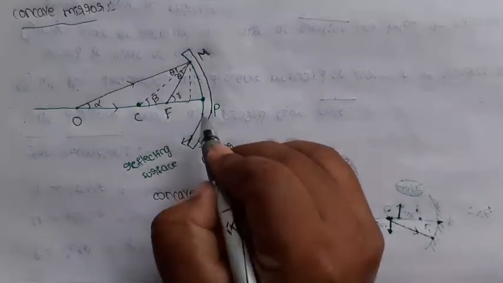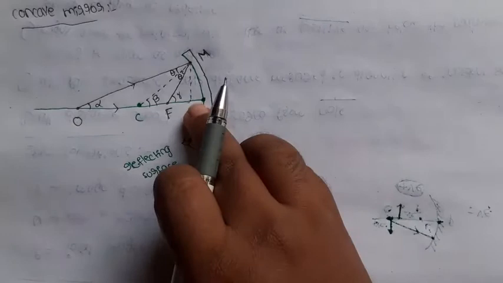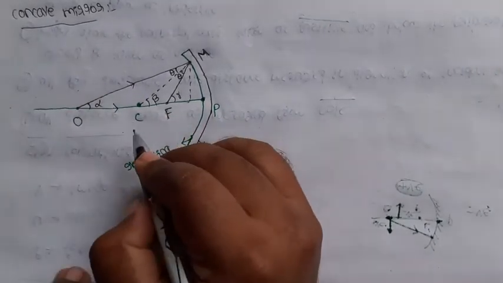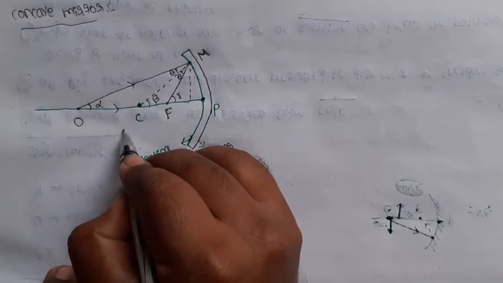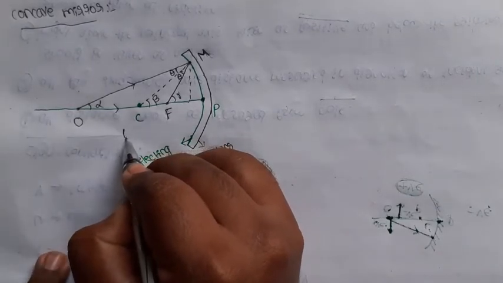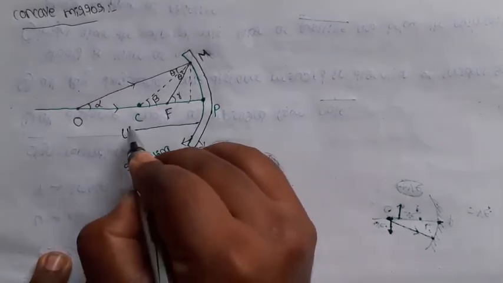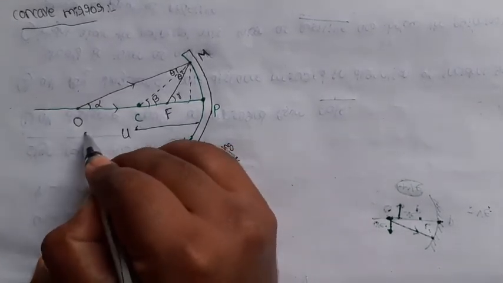Alpha, beta, gamma. I am taking the distance from pole to O. This is called pole to object distance, the object distance, denoted by the letter U.